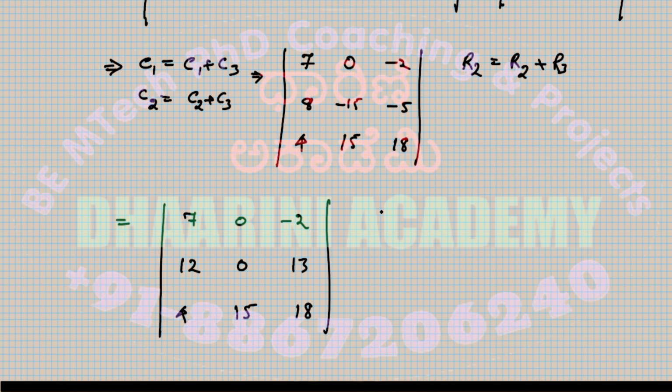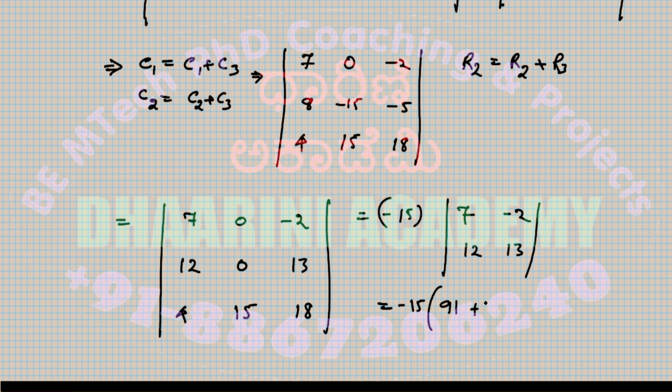Okay, so that's why this is equal to minus 15 into, solve the determinant. So the determinant should be 7 minus 2, 12, 13. So this is minus 15 into 13, 91.